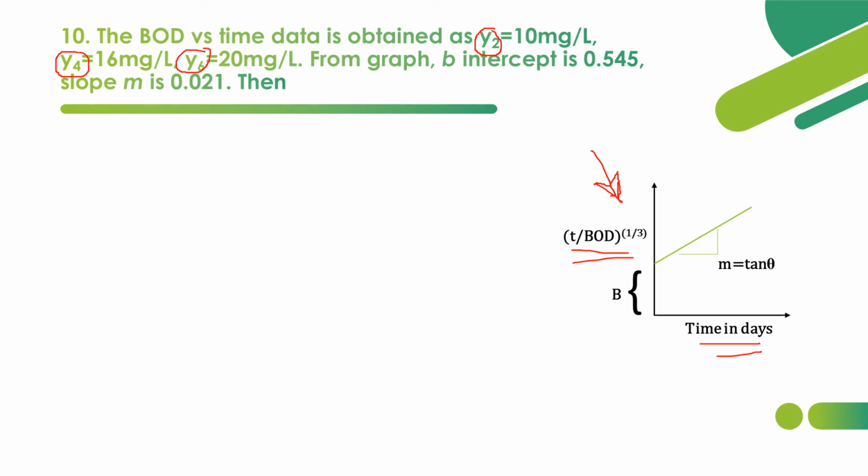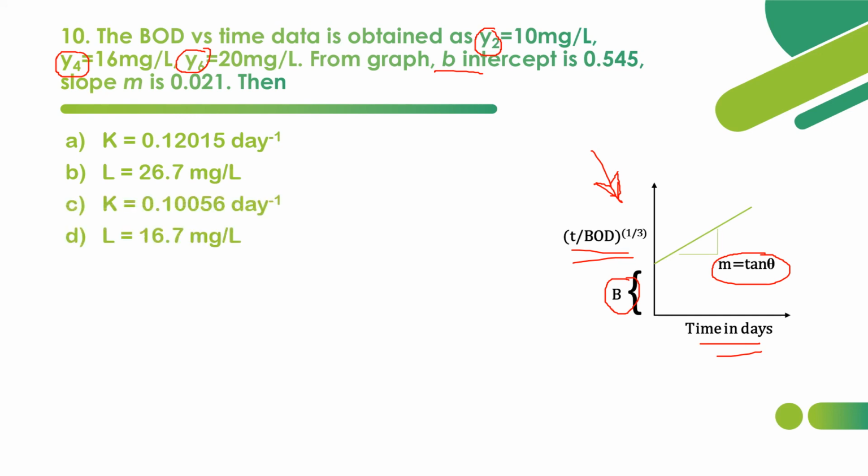After constructing the graph, we will get a graph like this. For this graph, they have given us the intercept, that is, b-intercept as 0.545 and the slope as 0.021. Now we have to calculate the deoxygenation coefficient and the ultimate BOD. So 4 options are there.